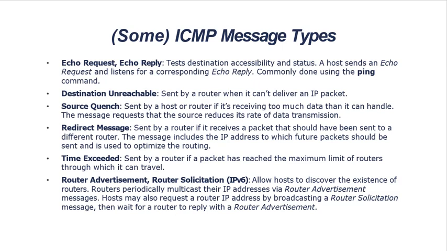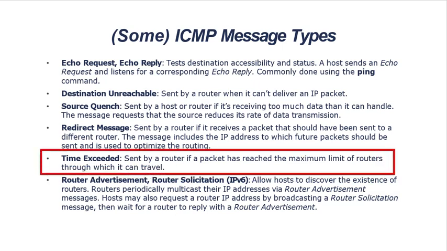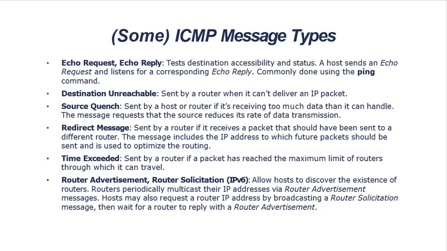The next ICMP message type is time exceeded. Like it says right here, it's sent by a router if a packet has reached the maximum limit of routers through which it can travel. What we typically call this is a time to live or a hop count limit. So routing protocols are going to set a time to live, typically called a TTL, or a maximum hop count.